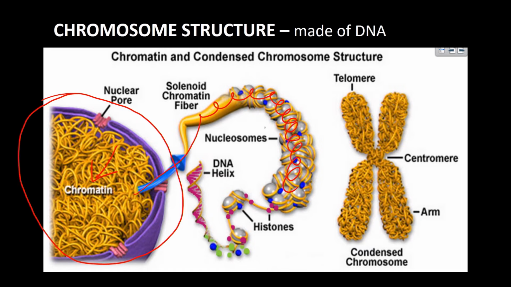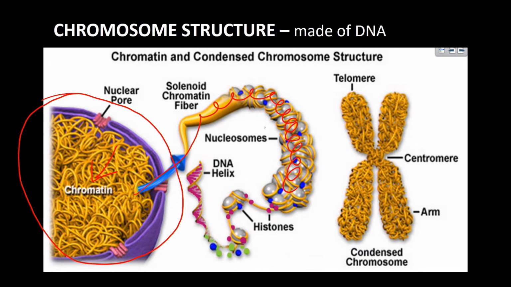They get coiled around proteins called histones, a bit like if you take string and you wind it around a piece of wood or something like that in order to keep the string nice and neat. And those then get all coiled up to form a chromosome. So a chromosome and chromatin network are basically made of DNA. They're just in a different form for a different reason.